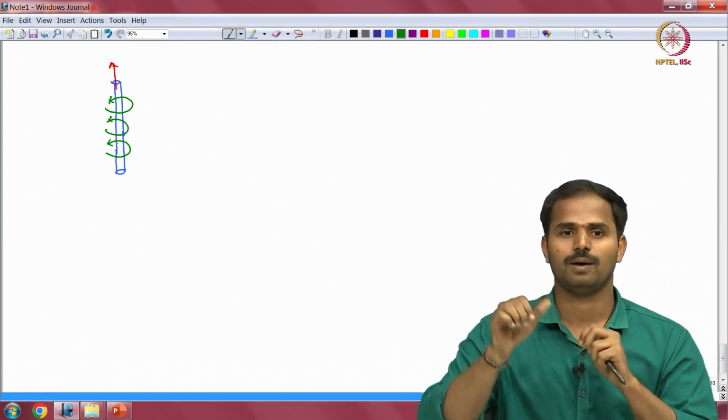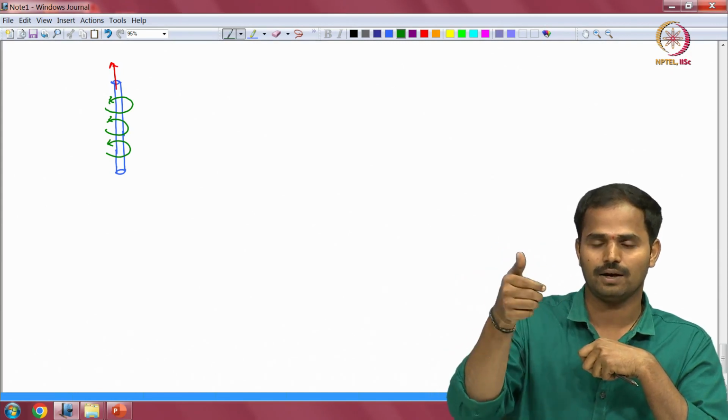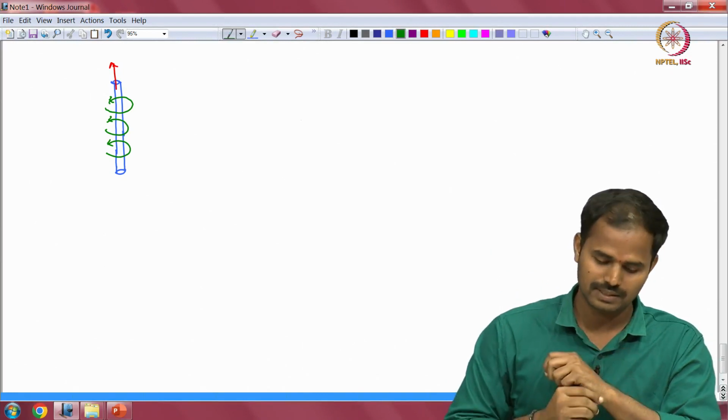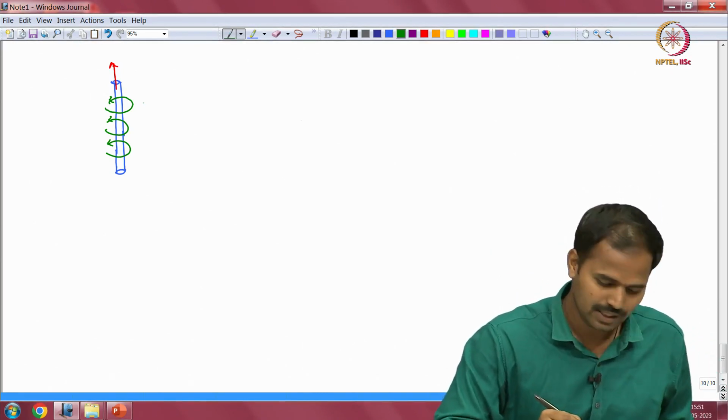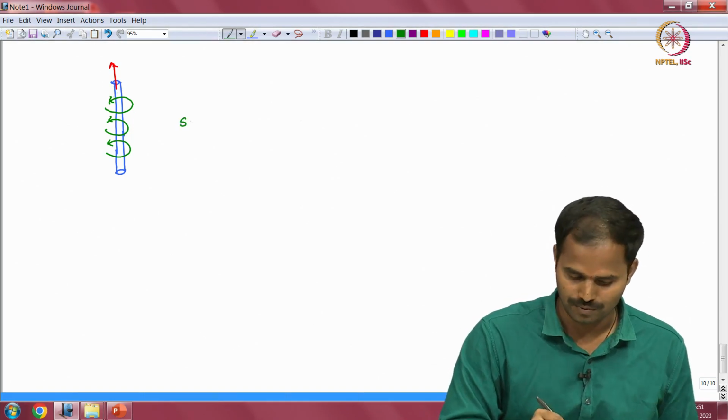We can apply the thumb rule: the current is flowing in this direction and perpendicular to the current we will see the flux lines. So, this is magnetic field source 2.